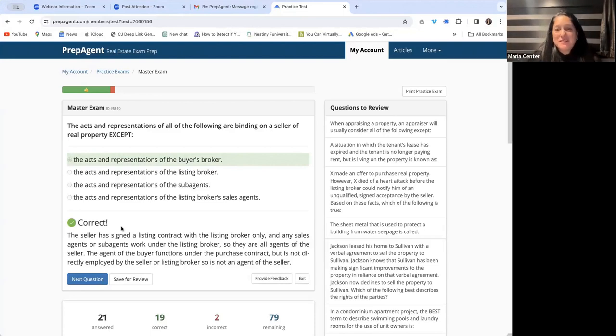So, one thing I think we ought to say about this, that I think is kind of confusing, at least for a lot of people, and it was for me when I was studying this at first, is about subagents. You and I started when people were still in the business that could remember when pretty much everybody was considered to represent the seller, right? Before we had the concept of buyer brokerage.